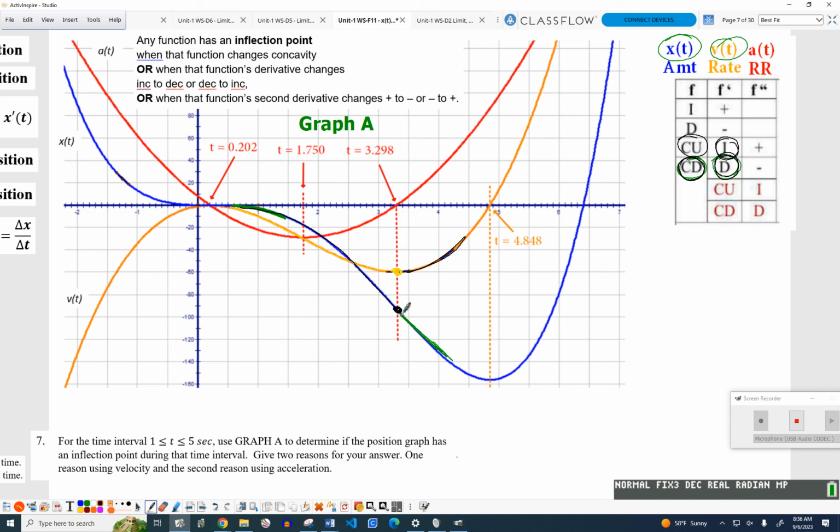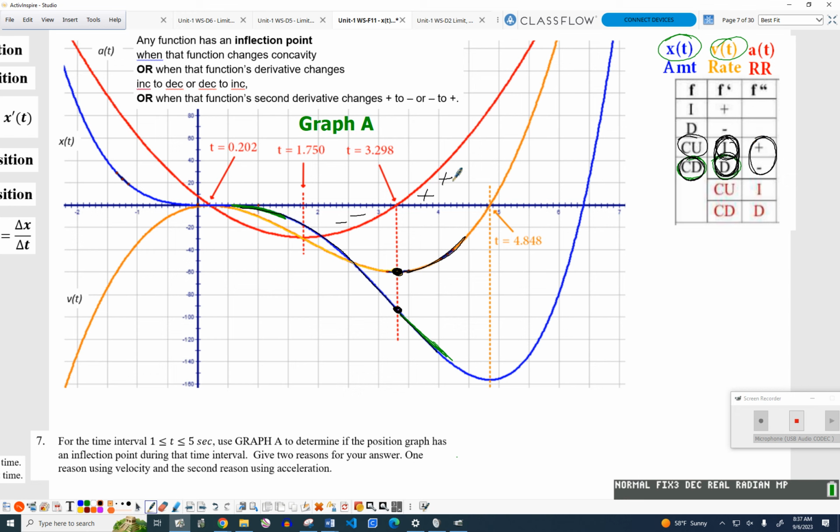When position switches concavity, that's an inflection point on position. But you can identify the inflection point on position by either looking at when the velocity changes from decrease to increase or vice versa, or when the y-coordinates of acceleration change positive to negative or vice versa, which is what's happening right here. That was kind of a mouthful, so I can say it as many times or differently as you need.